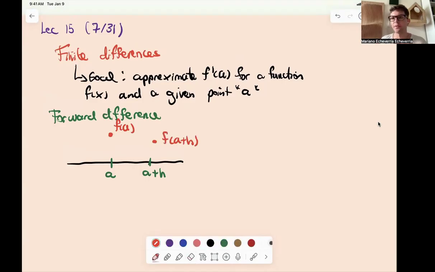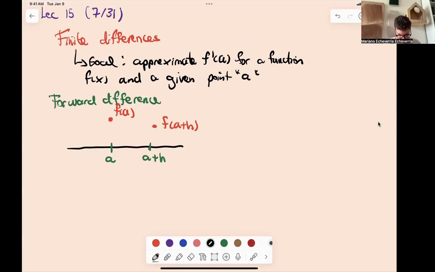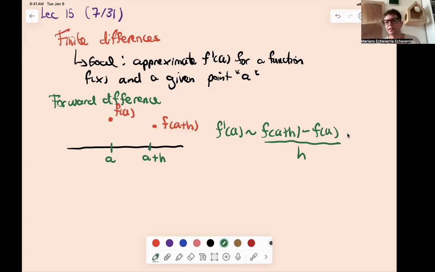And so in the forward difference, the idea is to approximate the derivative. You say that the derivative is approximated by f of a plus h minus f of a, divided by h. And literally that is the same as the linear approximation that you know from Calc 1. This is no different from that.